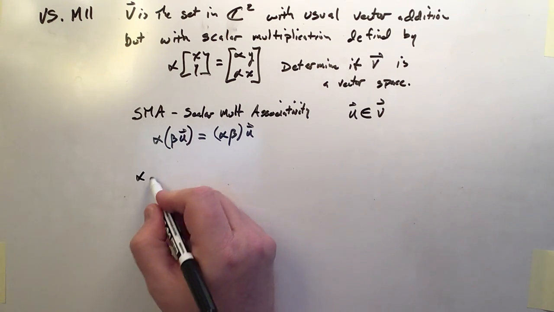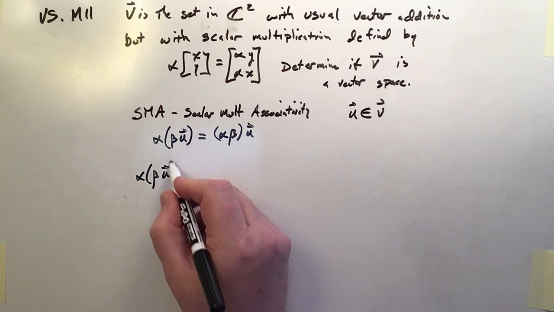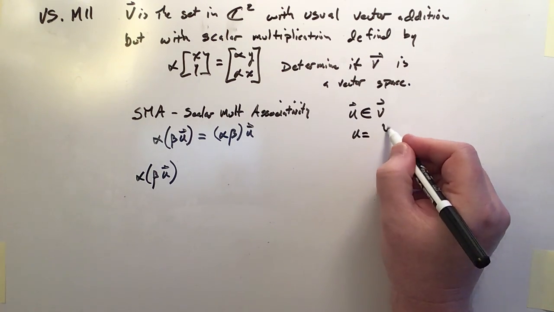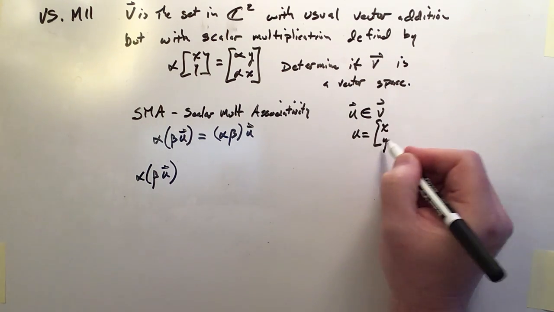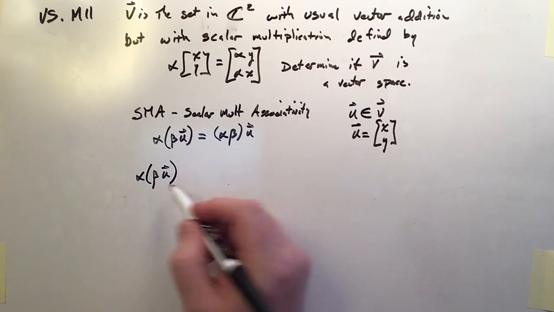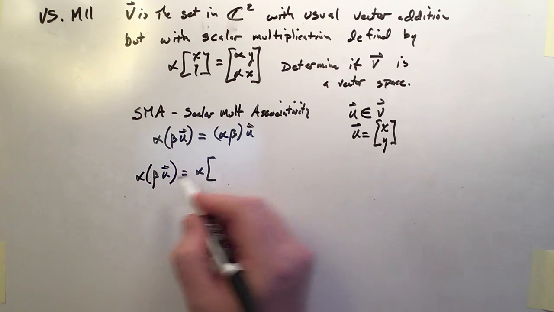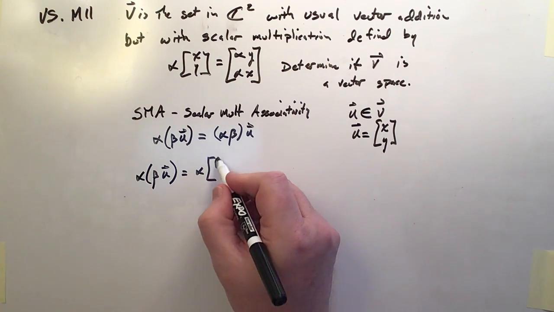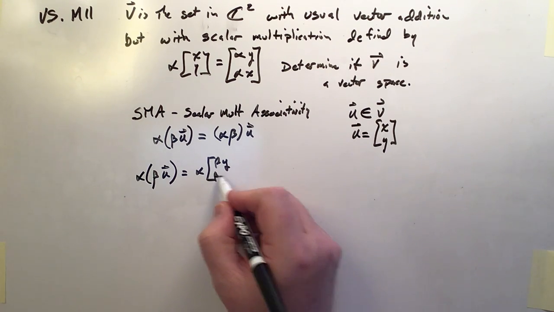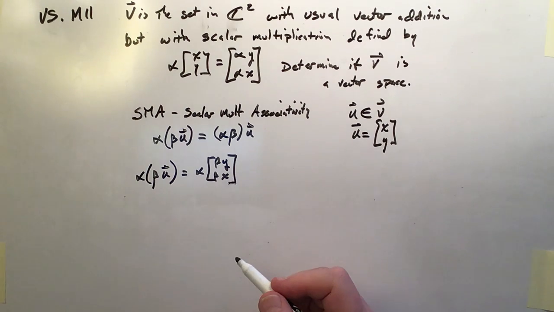So if I did alpha times beta times u, and in this case, let's give u a specific definition. Let's just call u x over y, so it represents the general element of V. Once beta is multiplied inside, it's going to be beta times y over beta times x, because I've employed their rule for multiplication.